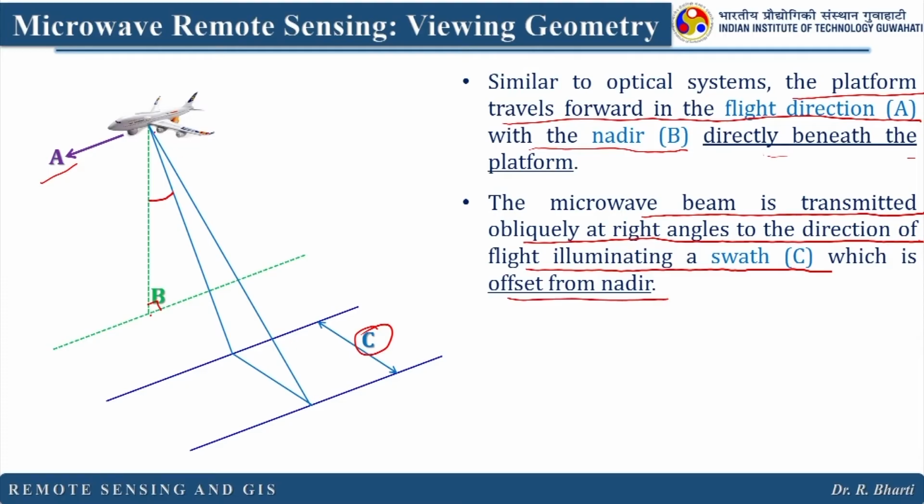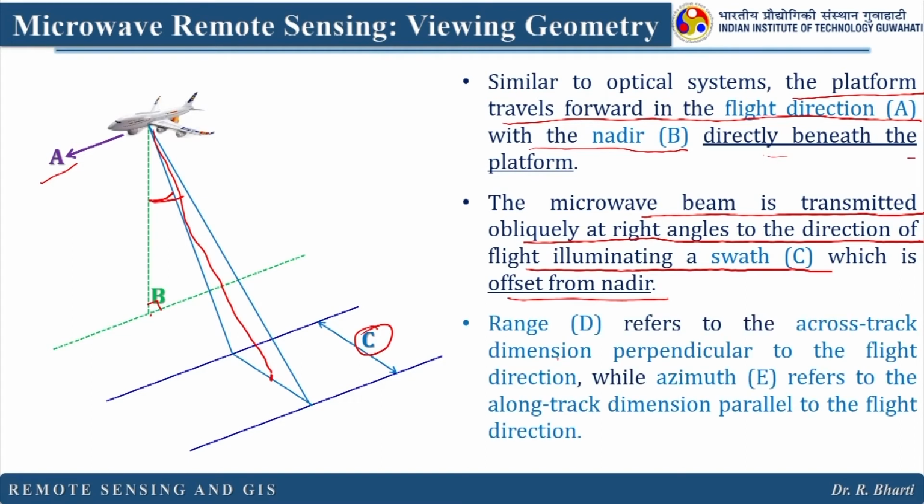If we calculate, this will be your slant range, sorry, this has to be a straight line. Suppose this is the center of the image, so this angle will be your offset. The range D refers to the across track dimension, while azimuth refers to the along track dimension, parallel to the flight direction.